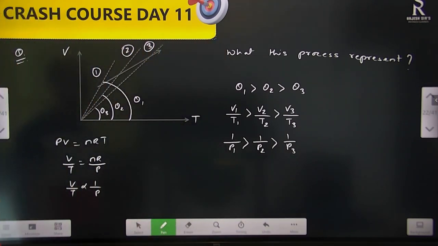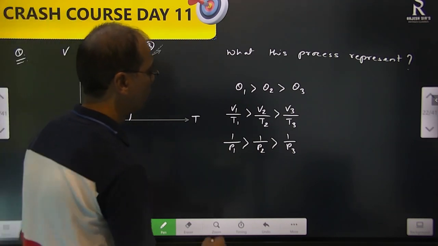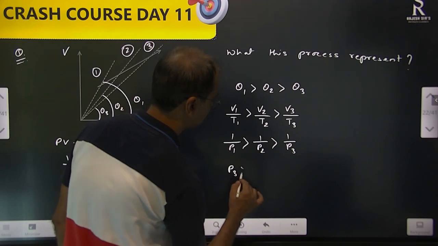So what's the answer? We can say P3 is greater than P2 is greater than P1.